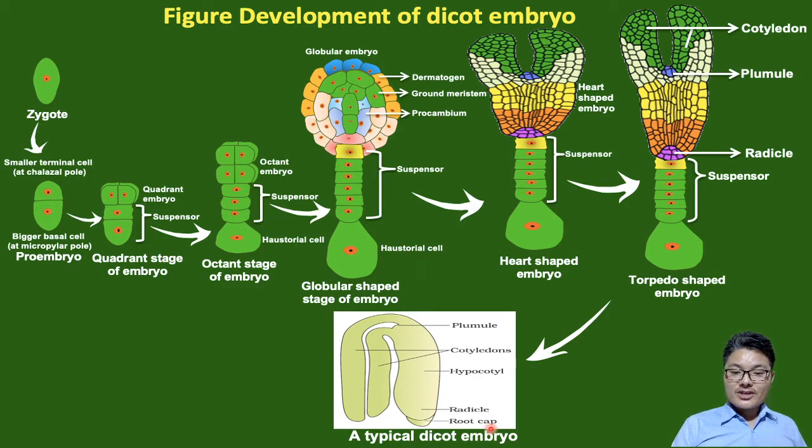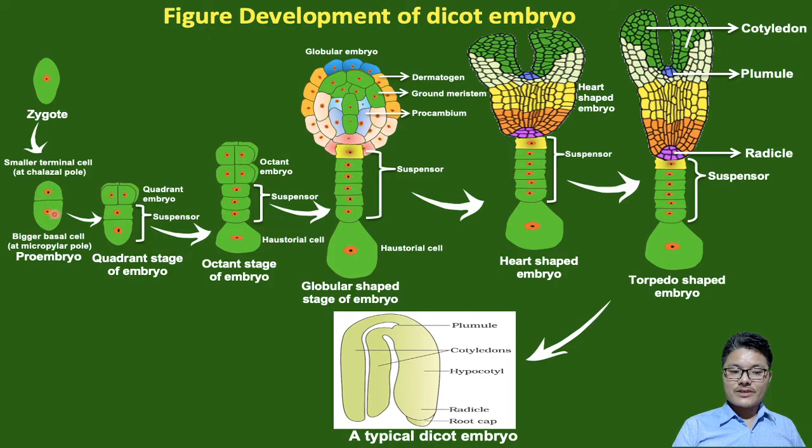Now, with this, we have understood the development of the dicot embryo with some diagrammatic representation, and we have seen that there are different stages in its development.